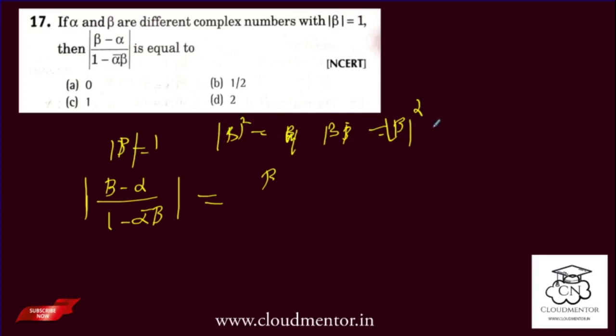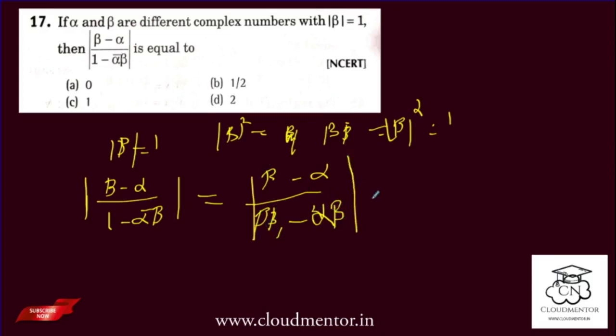Because modulus of beta is equal to 1, modulus of beta square is also equal to 1, so I can substitute the value of 1 as beta beta bar. We get beta minus alpha by beta beta bar minus alpha beta.